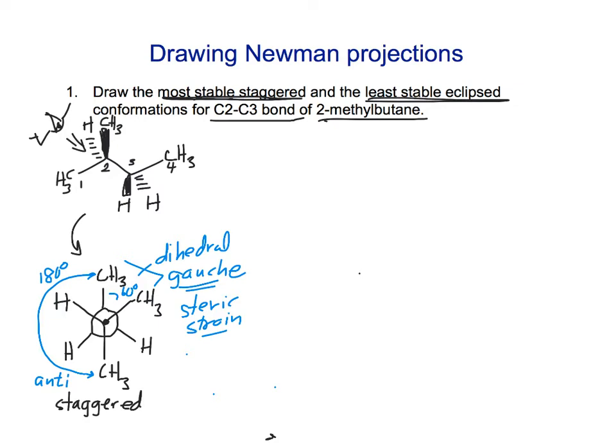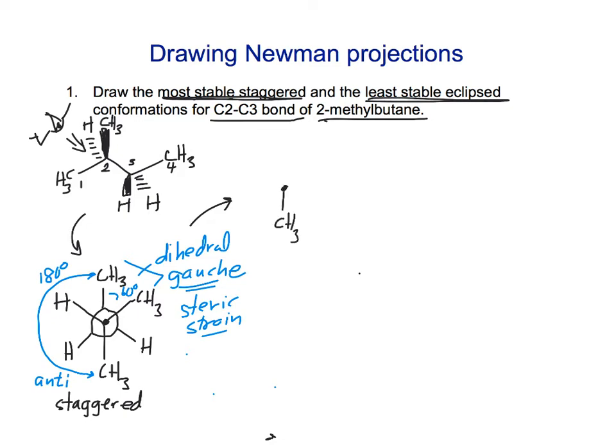So what we can do to draw other conformations is to keep one of those carbons the same. I'm going to keep the carbon in front, the carbon with the dot, the same, and I'm going to rotate the one in the back. Okay, so let's go up this way, and so I'm going to keep the one in front the same.